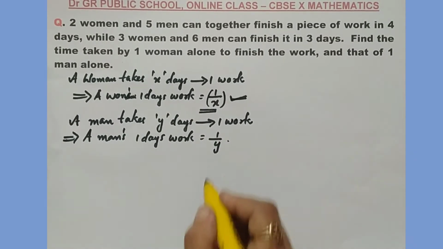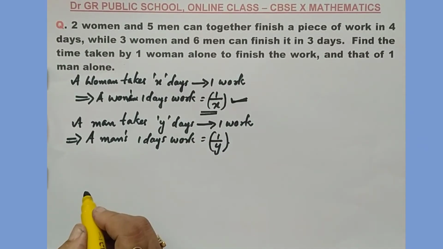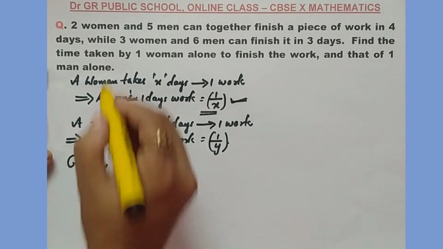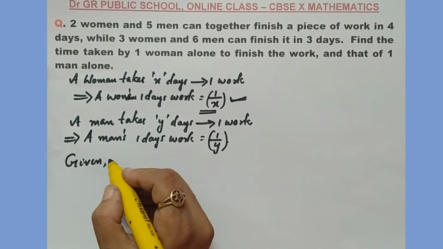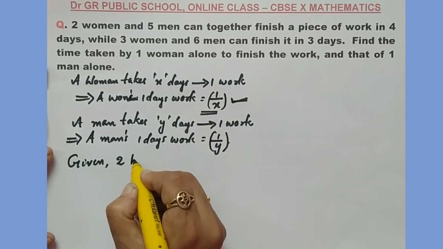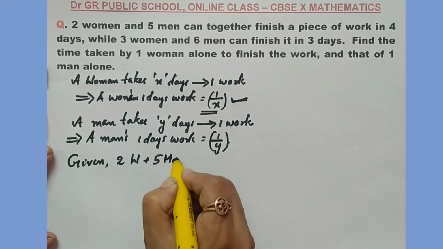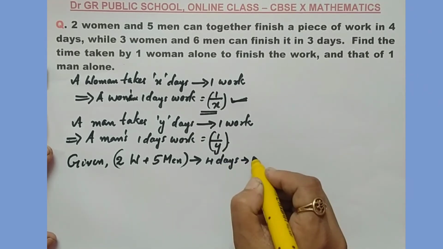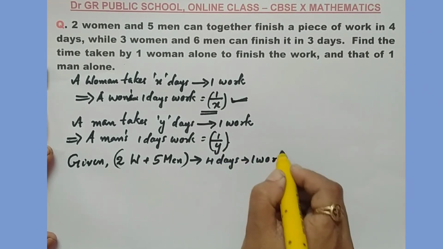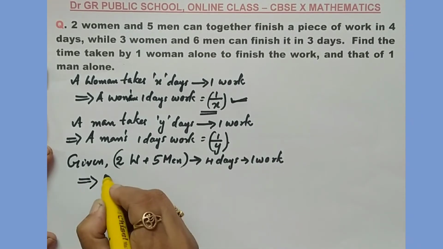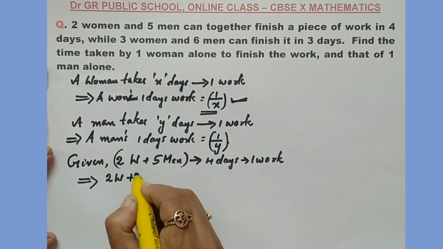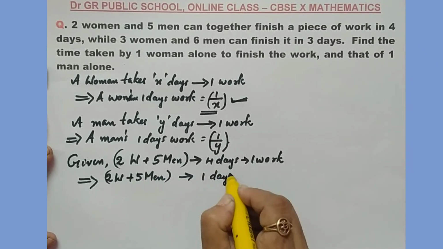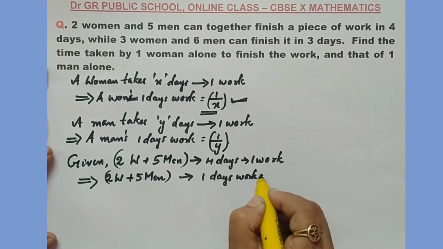Now I am going to apply the conditions given to you. Given, we can read: 2 women and 5 men together can finish the work in 4 days. One work in 4 days, which implies 2 women plus 5 men's 1 day's work equals 1 by 4.